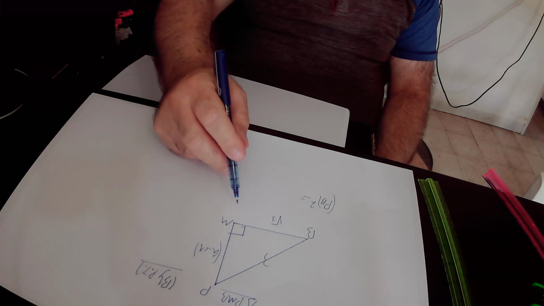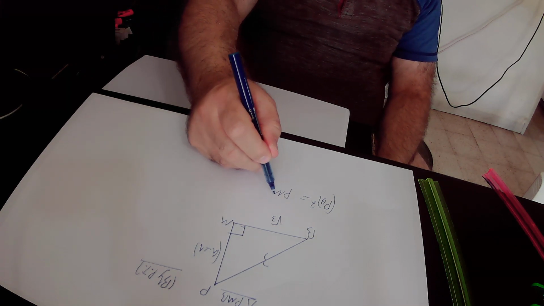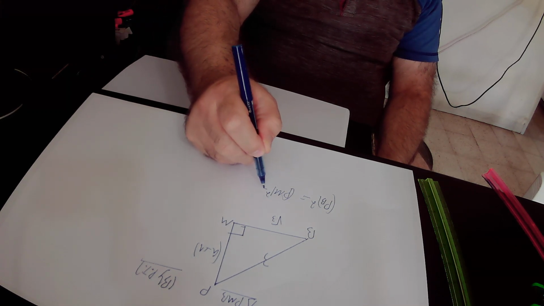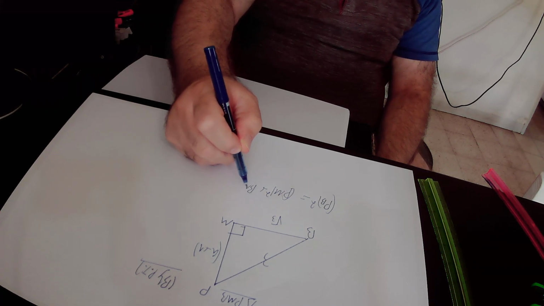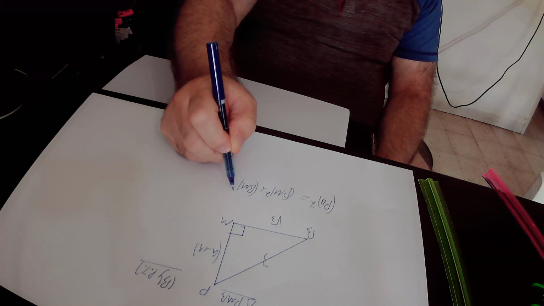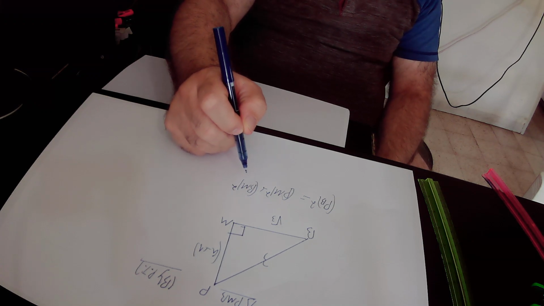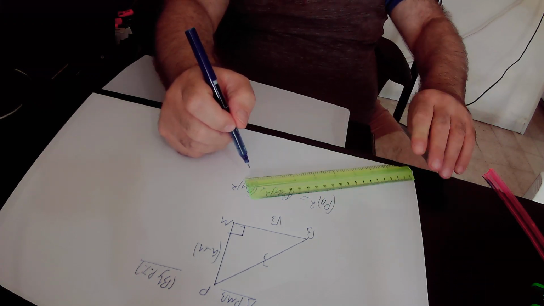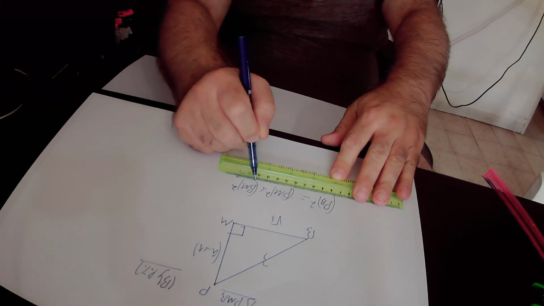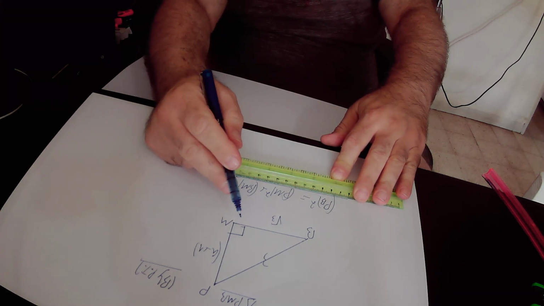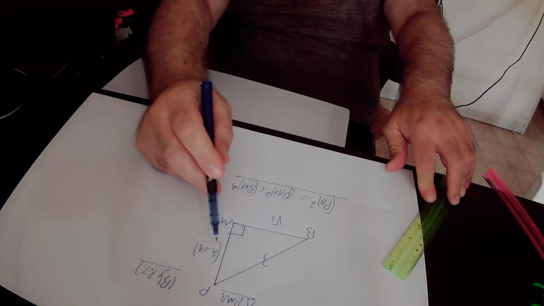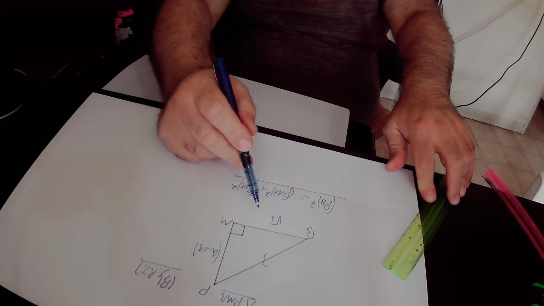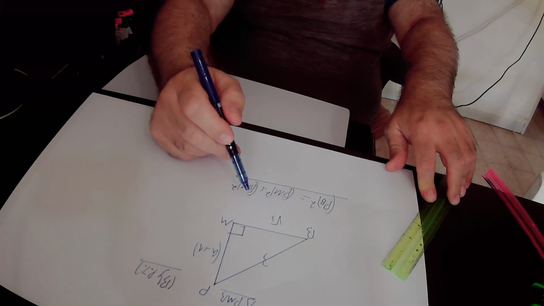That is to say, PM squared plus BM squared. So in the right triangle PBM, PB squared equals PM squared plus BM squared.